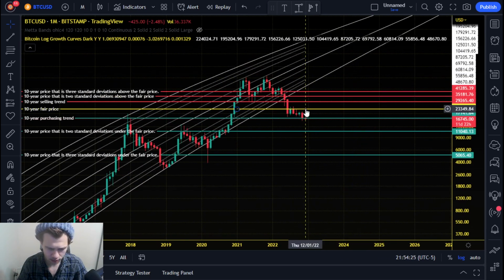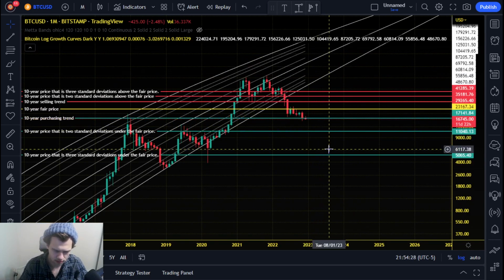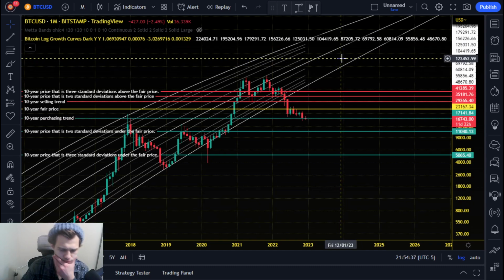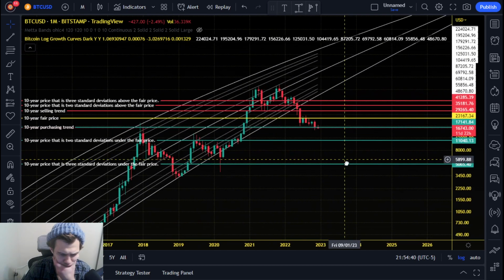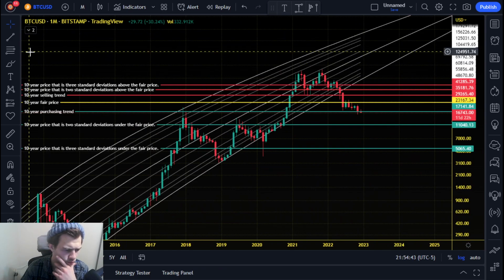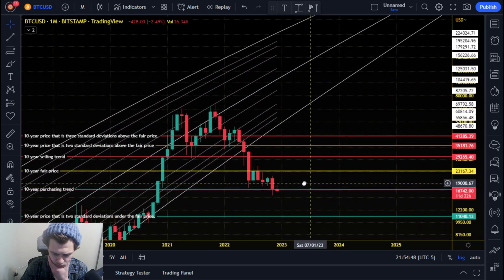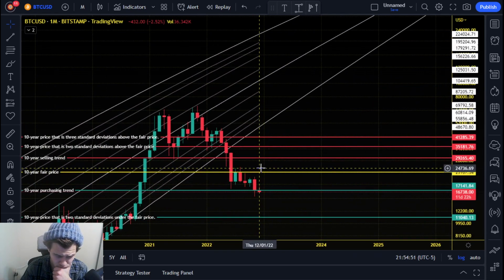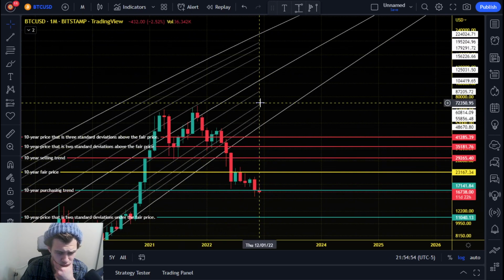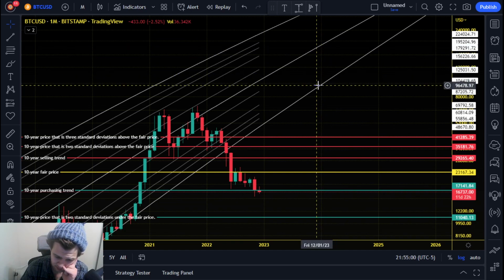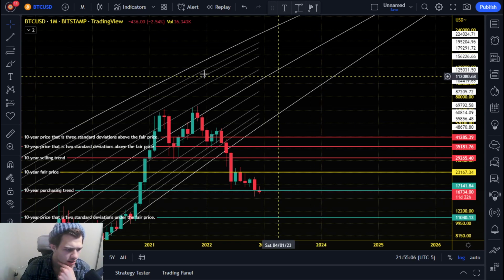Yellow is value, green are discounts, red is your overpriced zones, overvalue. So it's projecting at the low end, at the end of 23, we would end up around 96,000.